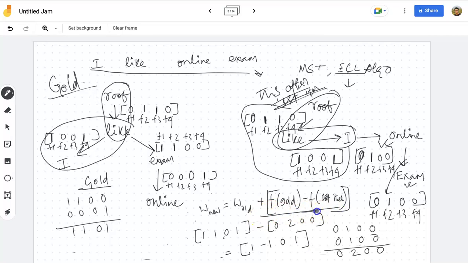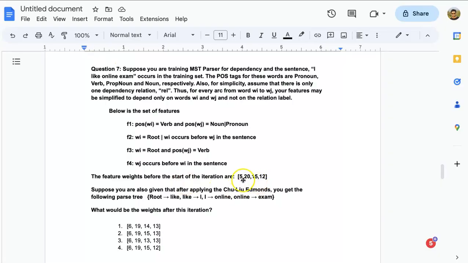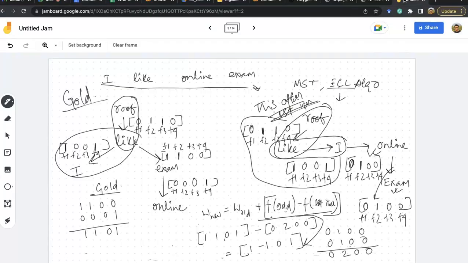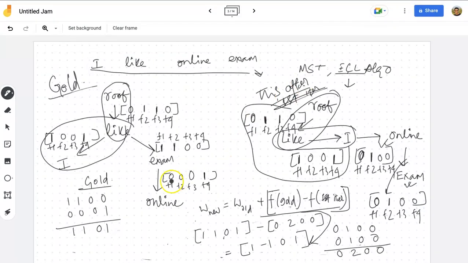Now you just need to add this to your given weights, which are 5 20 15 12. So 5 20 15 12 plus what we have gotten, 1 minus 1 0 1, will be 6 19 15 13. Okay, so this is the answer.